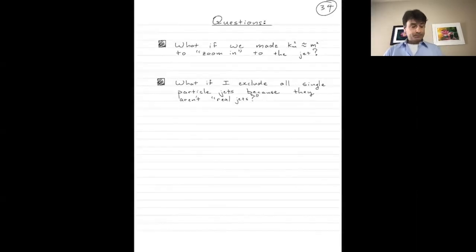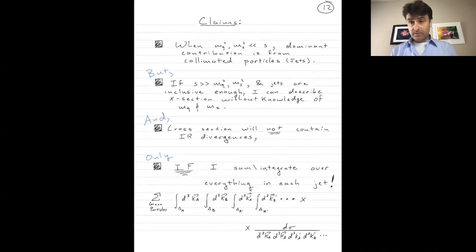Okay, so my claims way back at the beginning, I think I've satisfied those claims, at least enough for you to think about. We've looked at a particular limit and found that we can get away with describing the final state without knowing really anything about these mass scales, and we can in fact put them to 0 and get a massless theory without having to worry about infrared divergences.